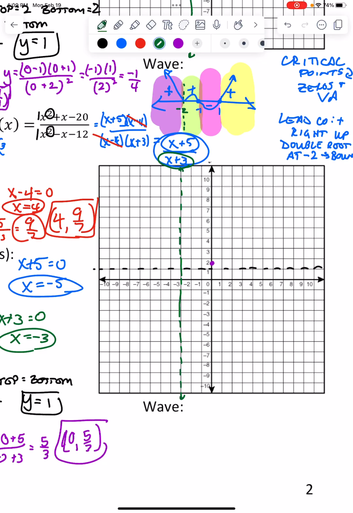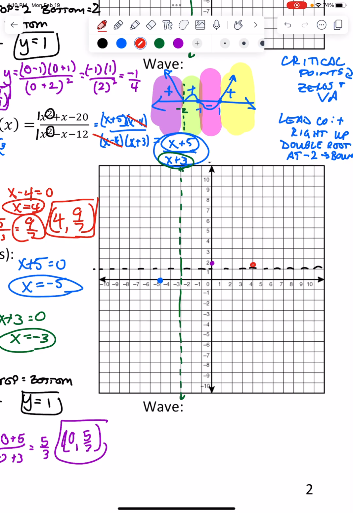And then we have a 0 at negative 5. And then there's a hole at 4 comma 9 over 7. So 4, 9 over 7 is 1.2 something. So somewhere in there.